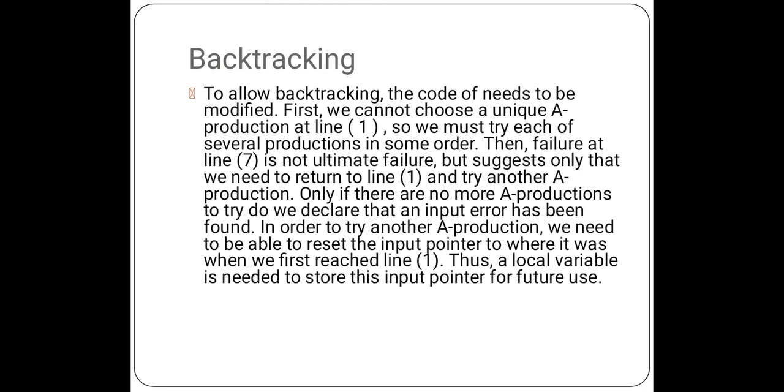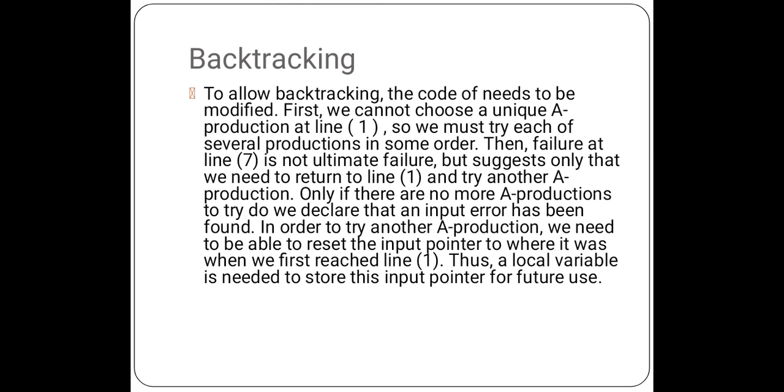And then once again they have given the explanation for backtracking. The code needs to be modified, so for the modification purposes we apply this backtracking process. As per this algorithm, as per line 1, we repeatedly try to apply the productions, and if there is a solution then it won't be a problem.